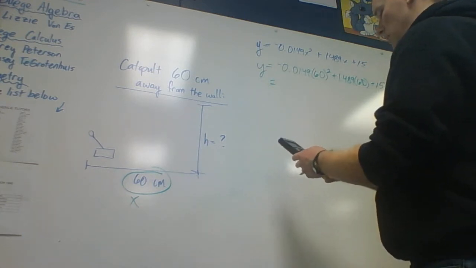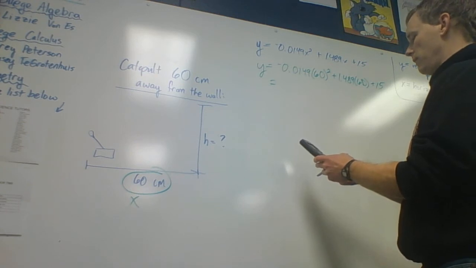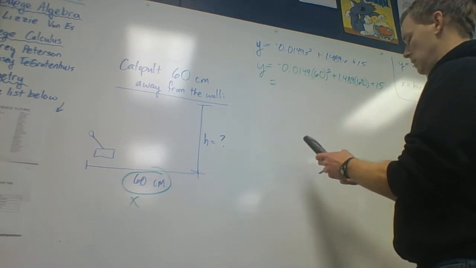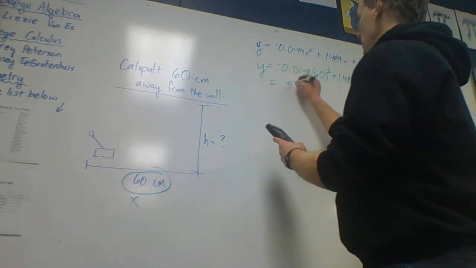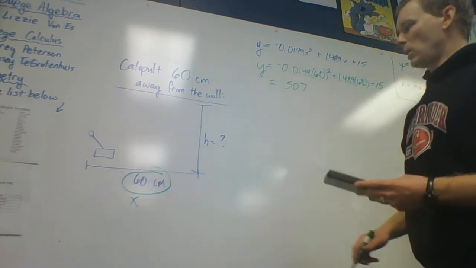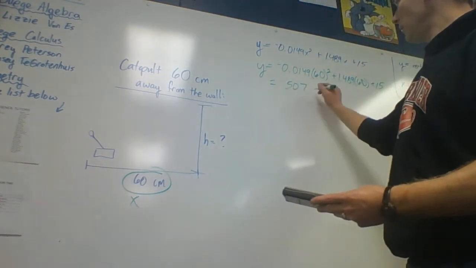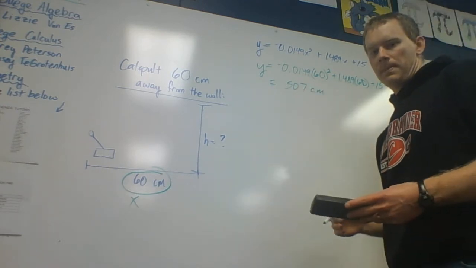Let's quick try it here. 3,600 times negative 0.0149 plus 1.489 times 60 plus 15. 50.7. Okay? So you would want to put that target exactly 50.7 centimeters off of the ground to hit the bullseye. That was challenge number 1.